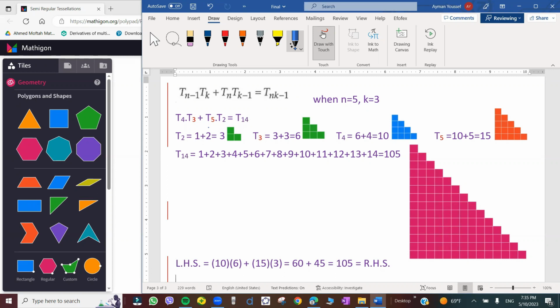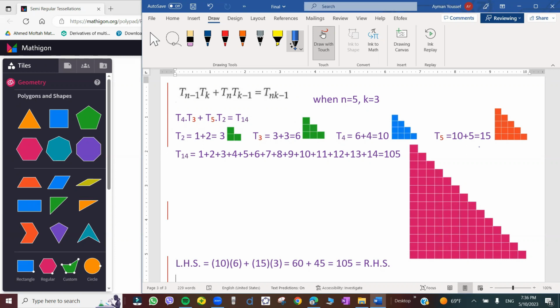analytically, we can find that term number 4 for the triangular numbers is 4 plus 3 plus 2 plus 1, which is 10. And term number 3 is 3 plus 2 plus 1, which is 6.